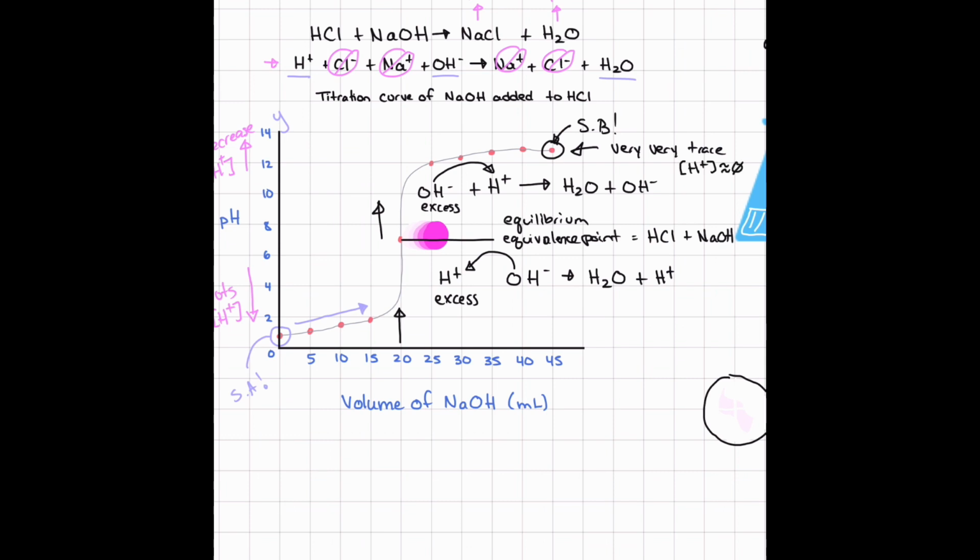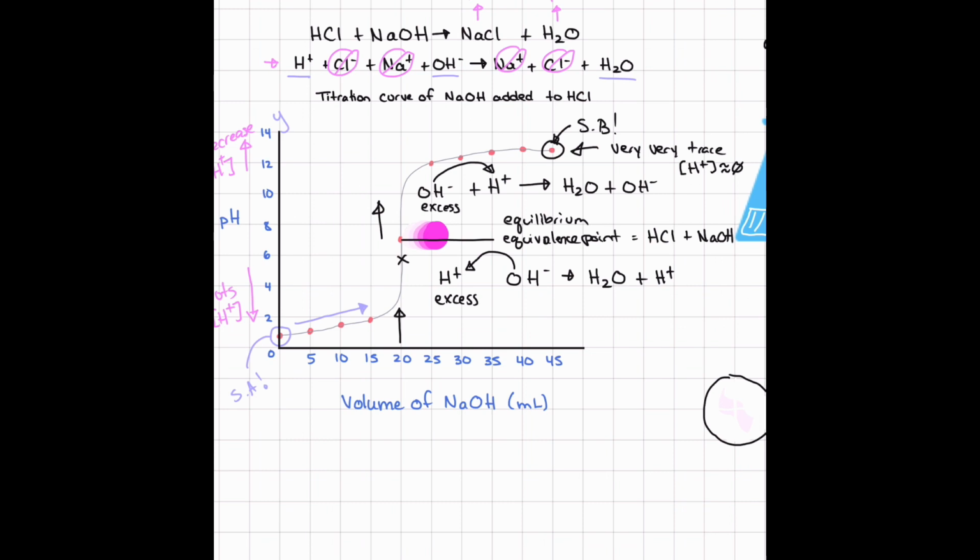There's one more thing that I want to go over, and that is the endpoint. The endpoint is something that we see. That's where the indicator comes into play. Once we see that color change, we can say, okay, we've reached an endpoint. What's important to know is that the endpoint will never be down here.